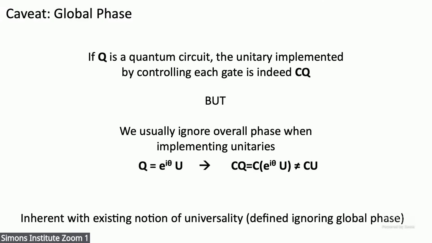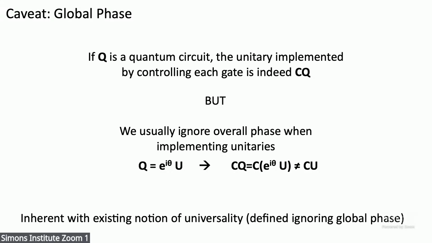However, when we say that a quantum circuit Q realizes some unitary, we generally ignore global phase. And so oftentimes what's happening is we have this unitary U, but Q, our circuit for implementing it, has some global phase term e to the i theta that we've brushed under the rug.